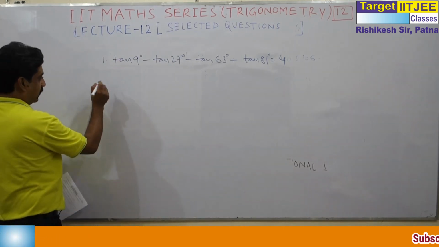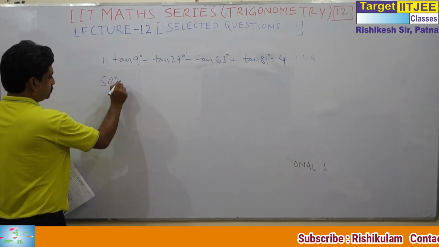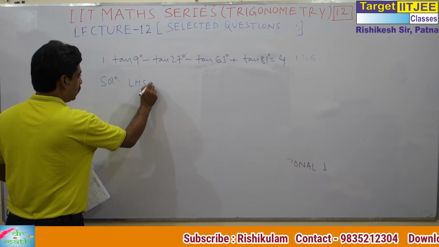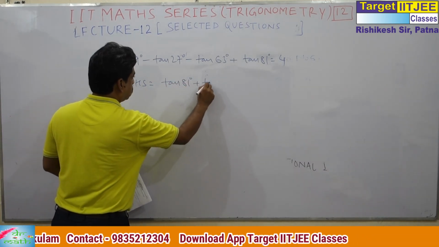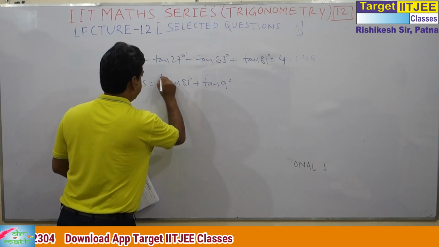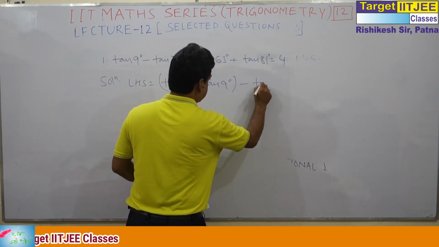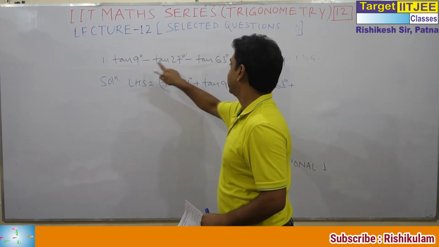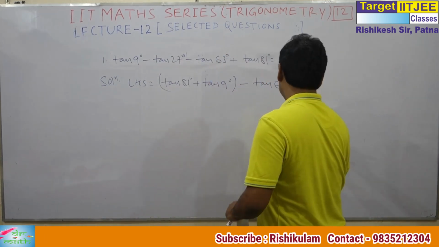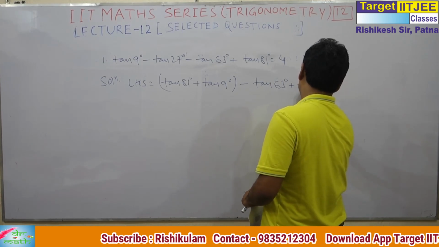I have given the hint. What you have to do? Keep these two together, symmetry again, and these two together. Symmetry means what? Sum of 81 and 9 is 90. Sum of 63 and 27 is 90.